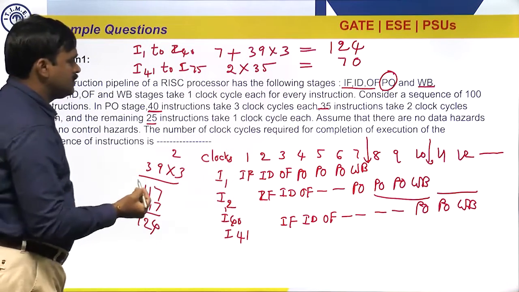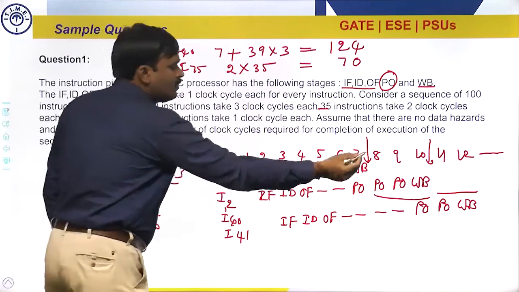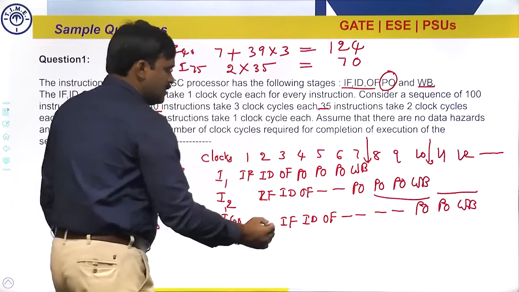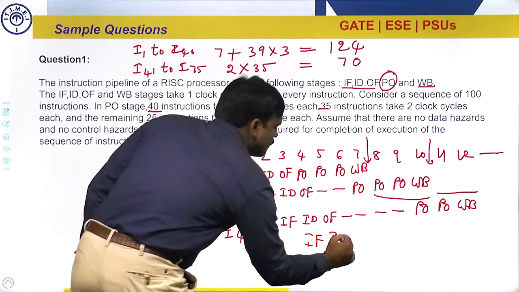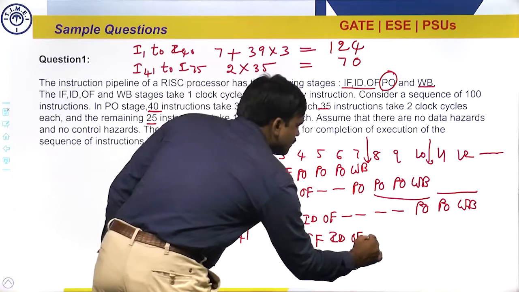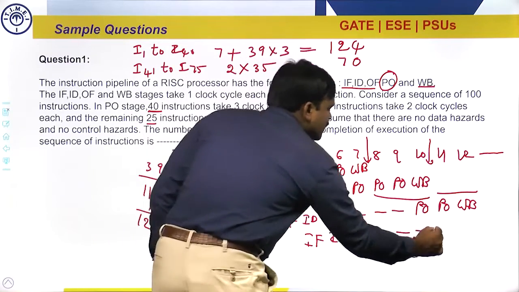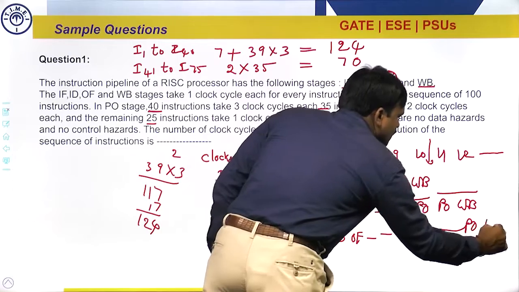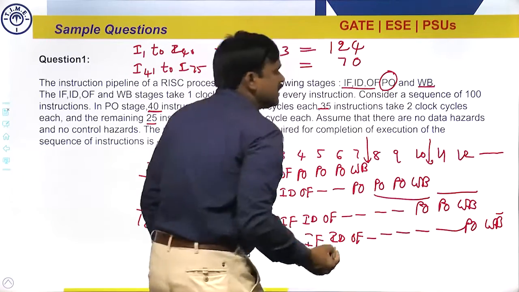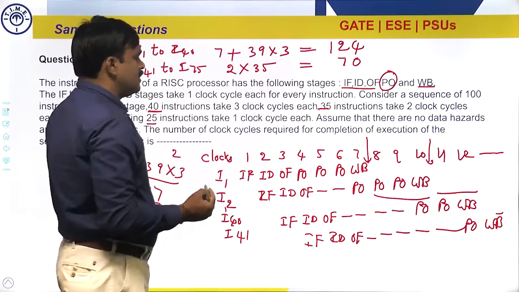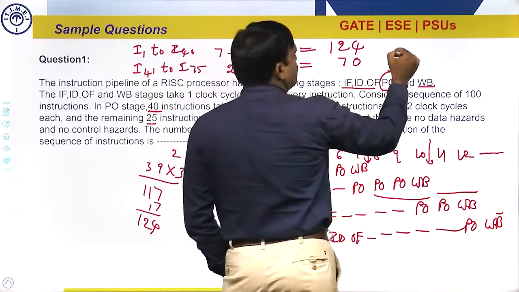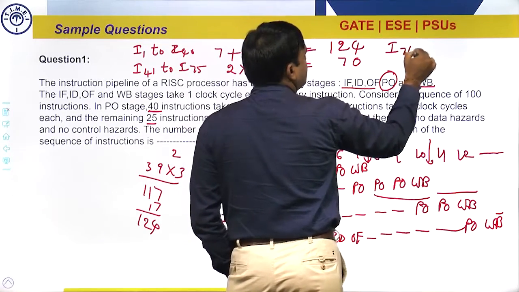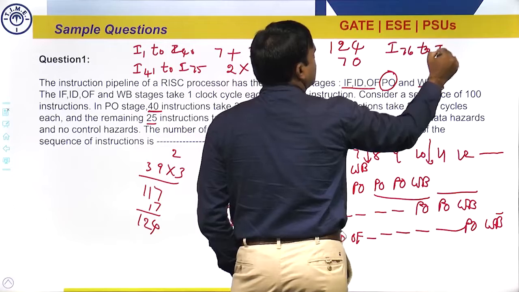Then for the last 25 instructions, 1 cycle will be added each, because we can do instruction fetch here, instruction decode here, operand fetch here, perform operation here, since it takes only one clock cycle, then write back. So 1 cycle will increase, which means 25 cycles for instructions I76 to I100.